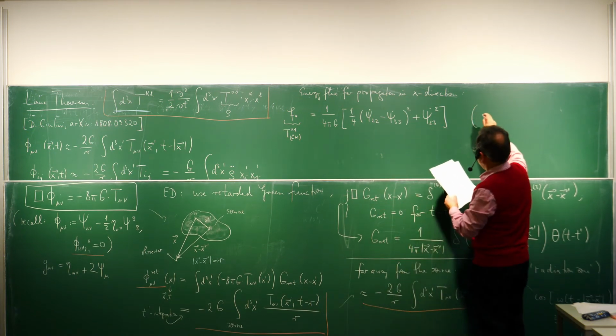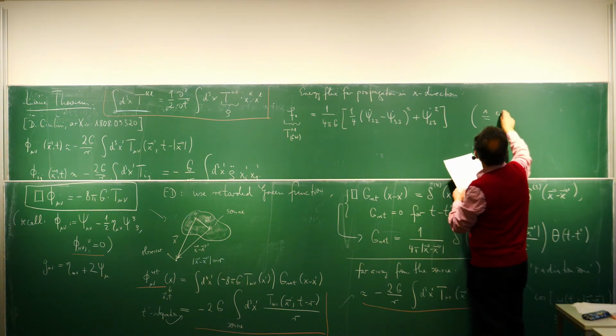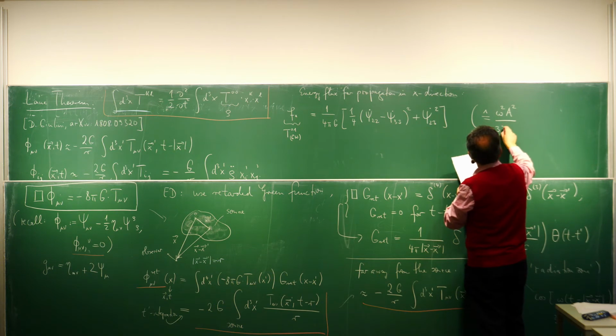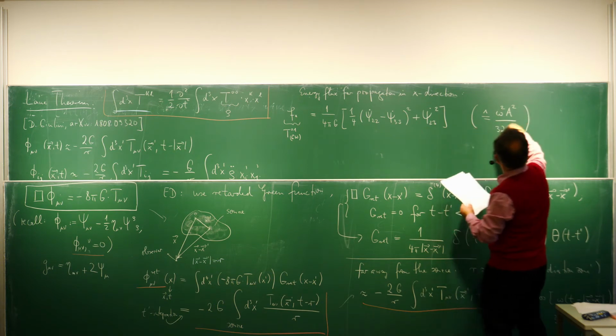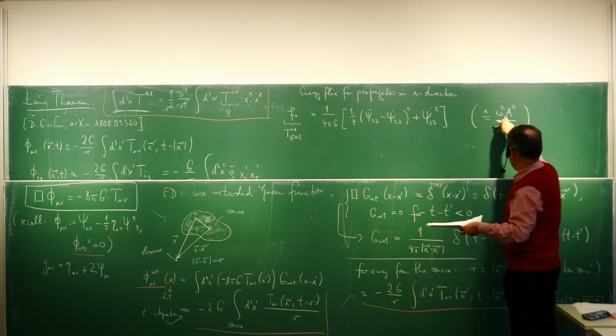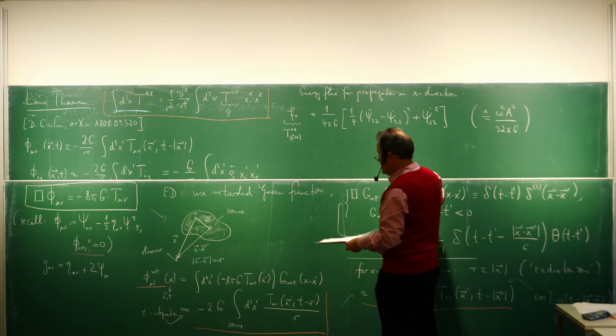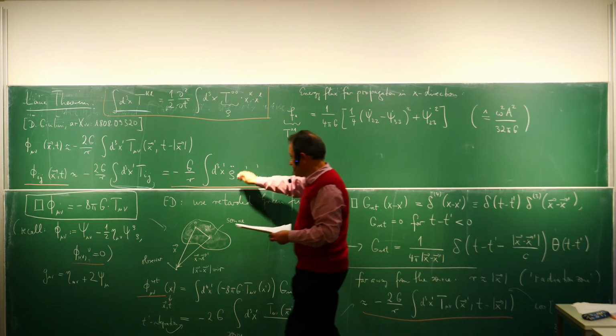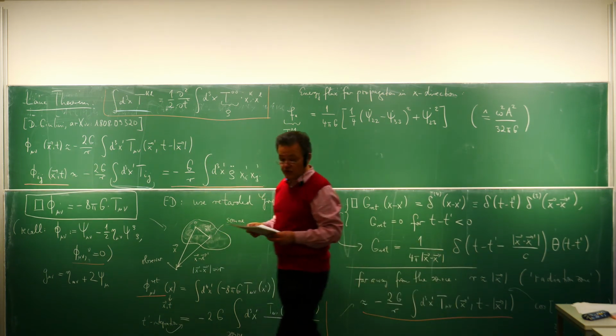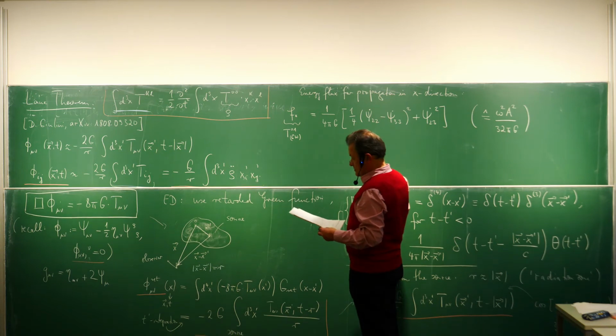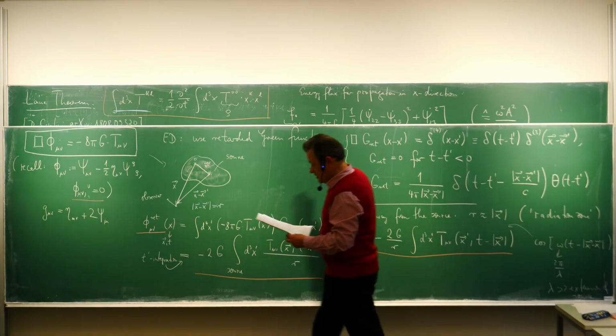Recall, when you do the average, this gives you what I had earlier in section 7.2, over many wavelengths, this flux or energy density: omega squared amplitude squared over 32 pi G. Now here I have the result for phi mu nu. Of course we need the result for psi.